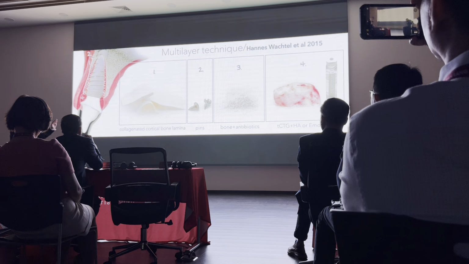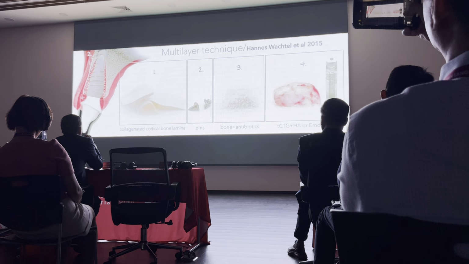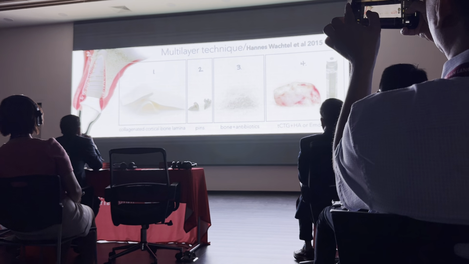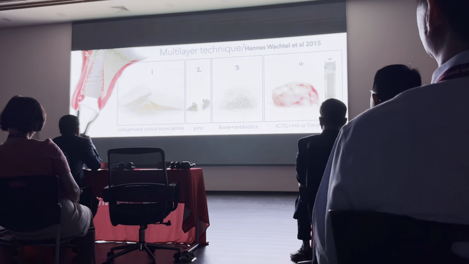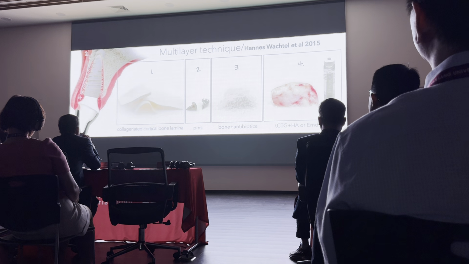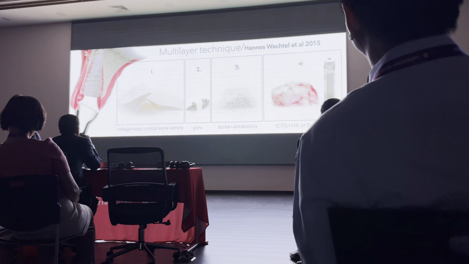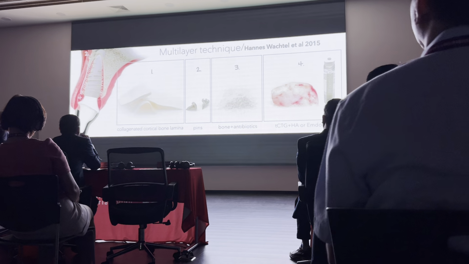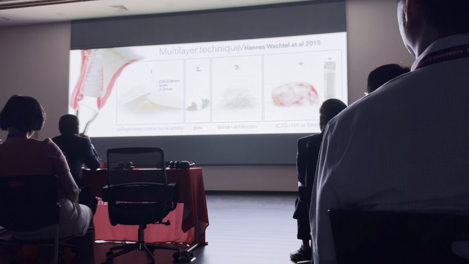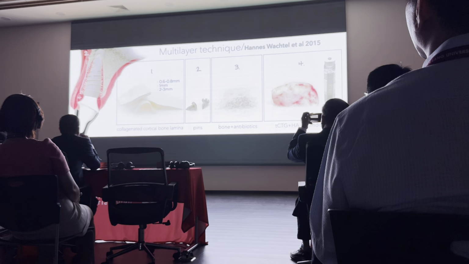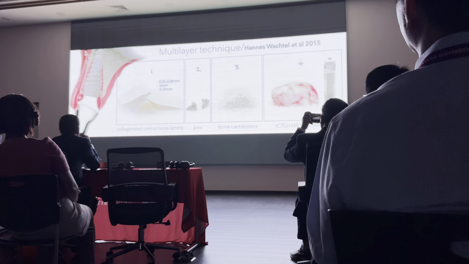But what I want is to show you this Hannes Wachtel technique, which I have used since 2015 and started in 2020. This is from Osteopiol, the Italian brand that makes membranes of 0.6, 0.8 diameter by hand, and these membranes are thick cortical.